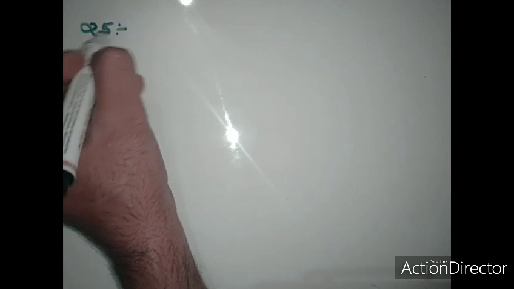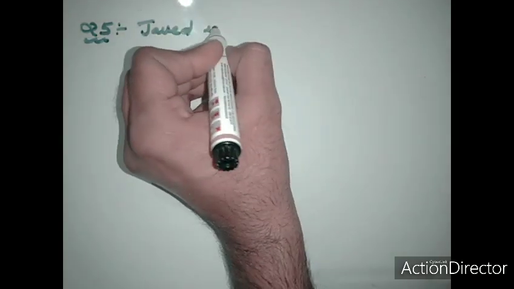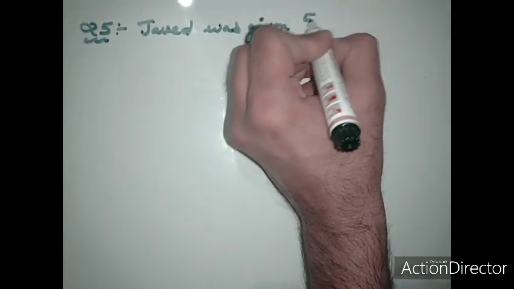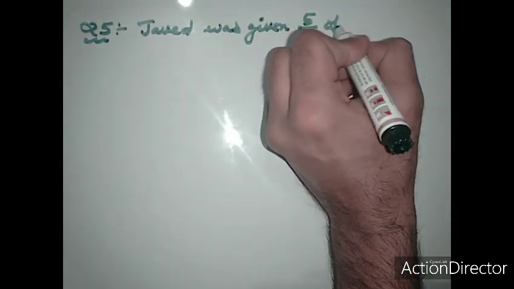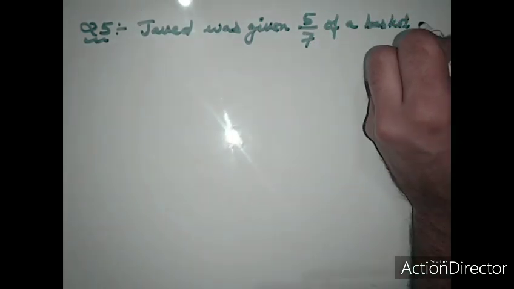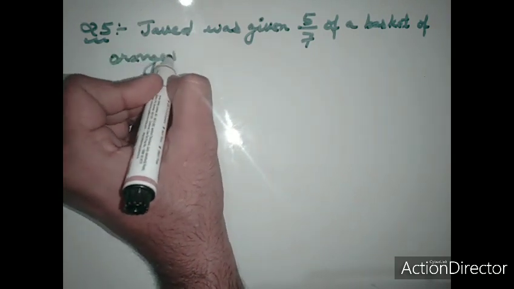Now the question number 5. Question number 5 is Javed was given 5 upon 7 of a basket of oranges.